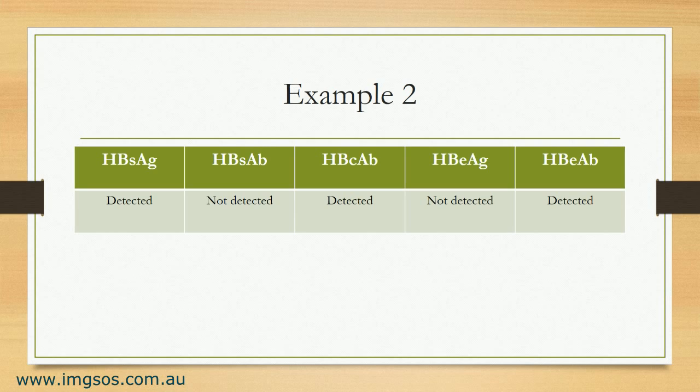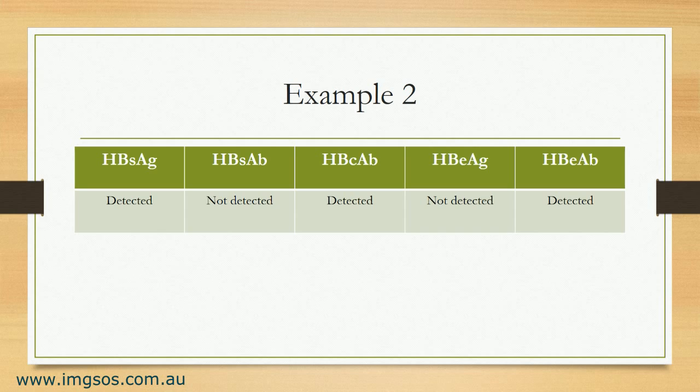We have E antigen not detected, so it's not in a process of high viral replication. E antibody has been detected, so that's why there's no E antigen anymore. So still surface antigen without immunity, but no longer high viral replication, and definitely virus, not vaccine.